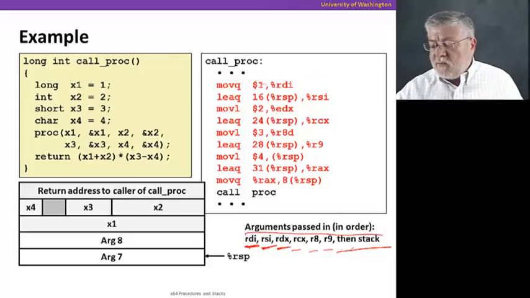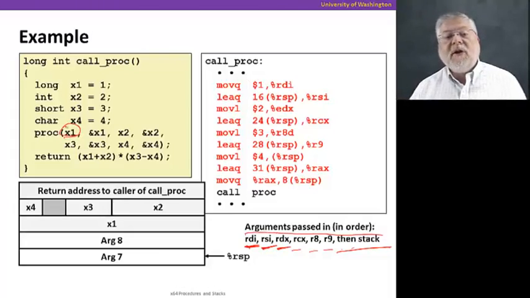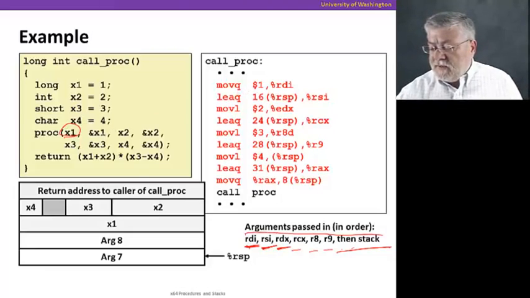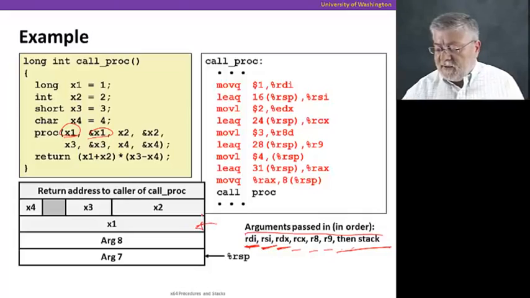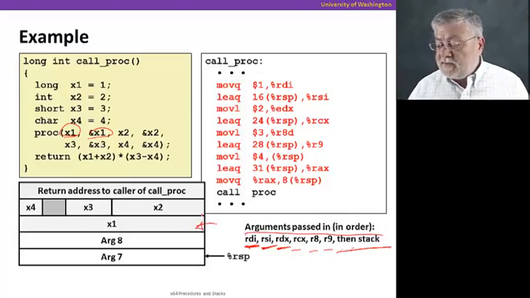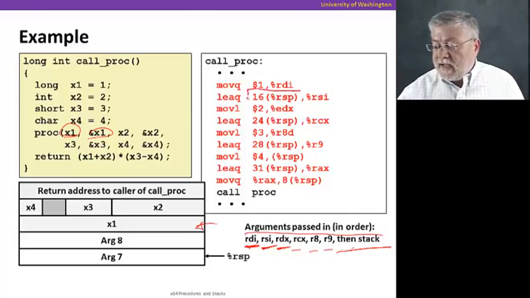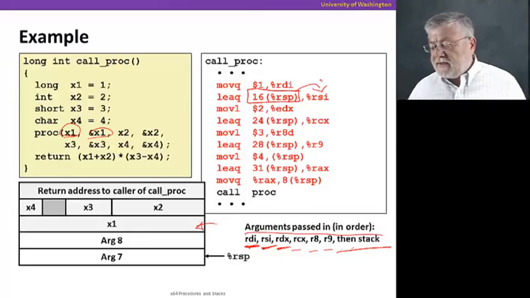It moves a quad word with value 1 to RDI. That's the equivalent of putting that x1 there as the first argument. Then we are going to need the address of x1. Well, the address of x1 on the stack is here at 16 from the RSP. So you'll notice that we'll calculate that effective address and put it into RSI, the second argument.